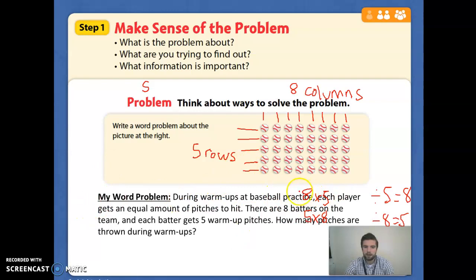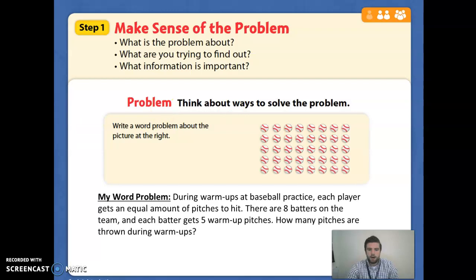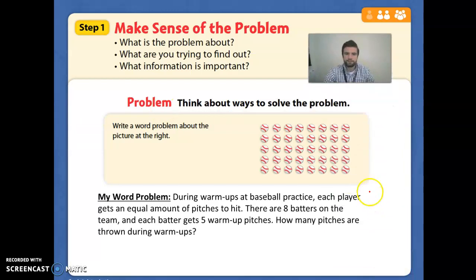I actually covered up my own writing here. So let me erase it for you. There. Okay, so my word problem says, during warm-ups at baseball practice, each player gets an equal amount of pitches to hit during warm-ups. There are 8 batters, and I always circle the numbers when I'm doing word problems.